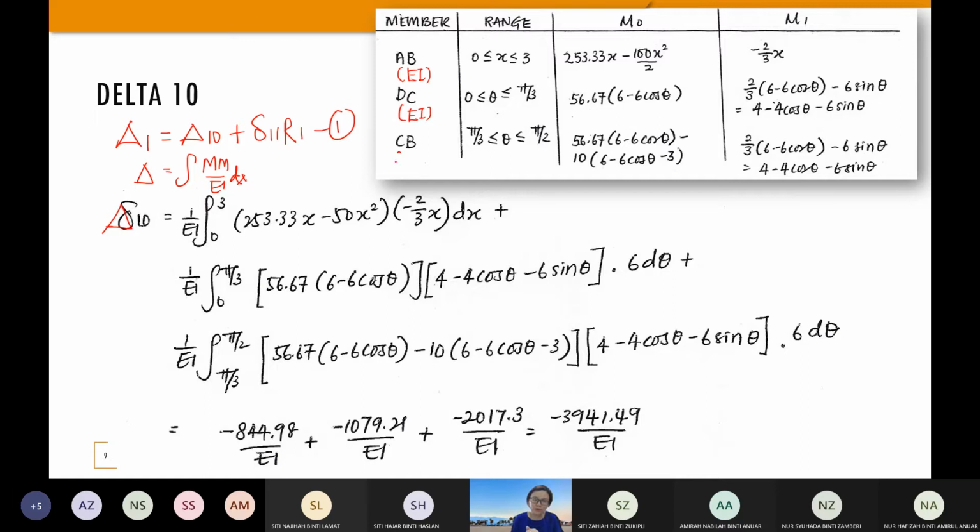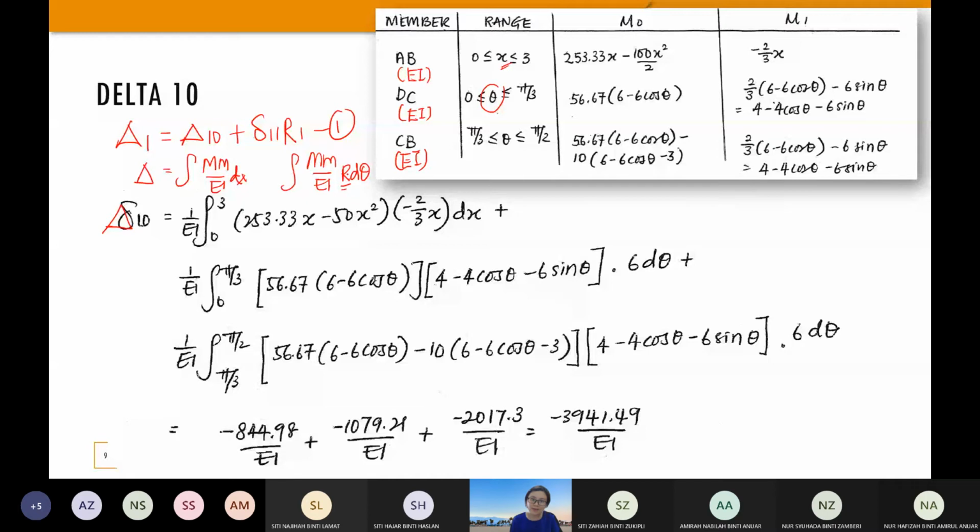If not constant, you need to put it in your table to remind you, when using this compatibility equation, not to forget the difference of EI. And if you still remember in chapter 1, when dealing with arch and with θ instead of x, we use the integration of m over EI times R dθ.